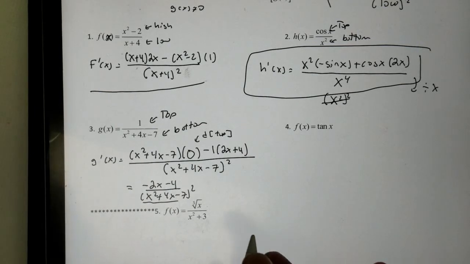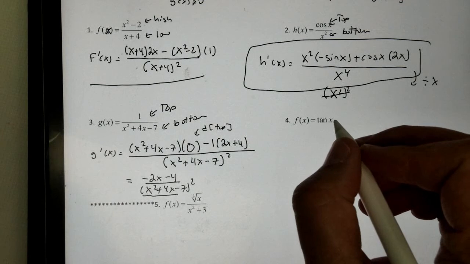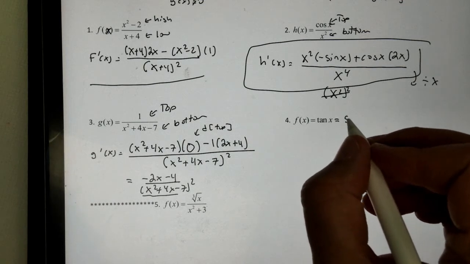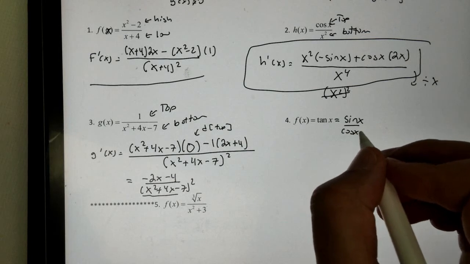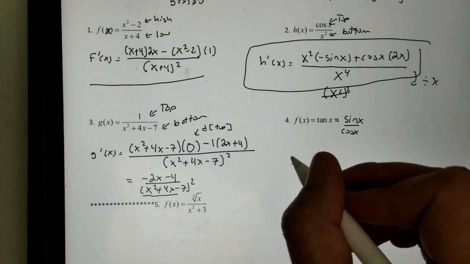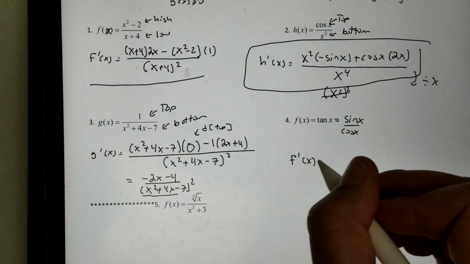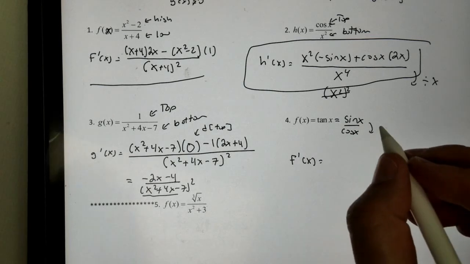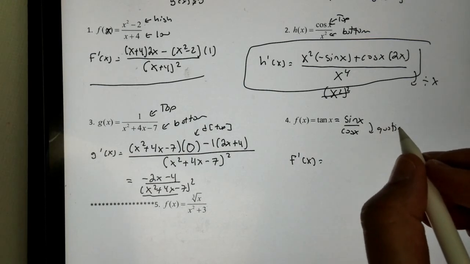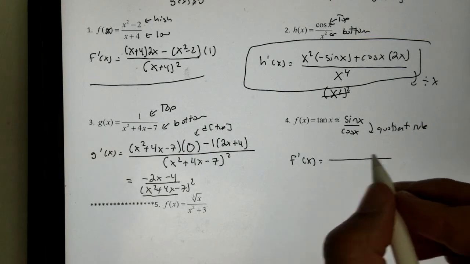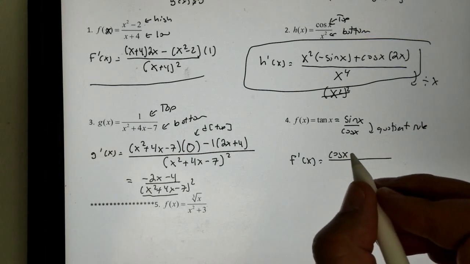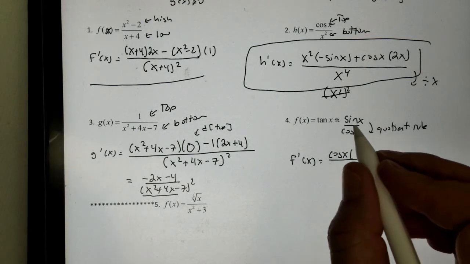Alright, let's talk about tangent of x. Tangent of x, we don't know its derivative yet, but we can figure it out by writing in its expanded form. Tangent, remember, is just sine of x over cosine of x. So if I want to find the derivative of tangent, I would use my quotient rule that we just learned today. So our quotient rule says, take the bottom function, cosine of x, multiply that by the derivative of my top.